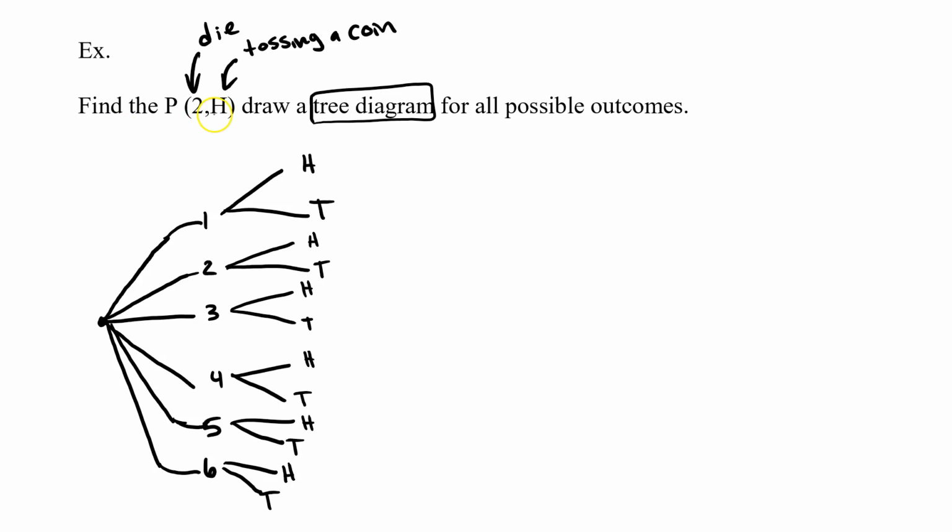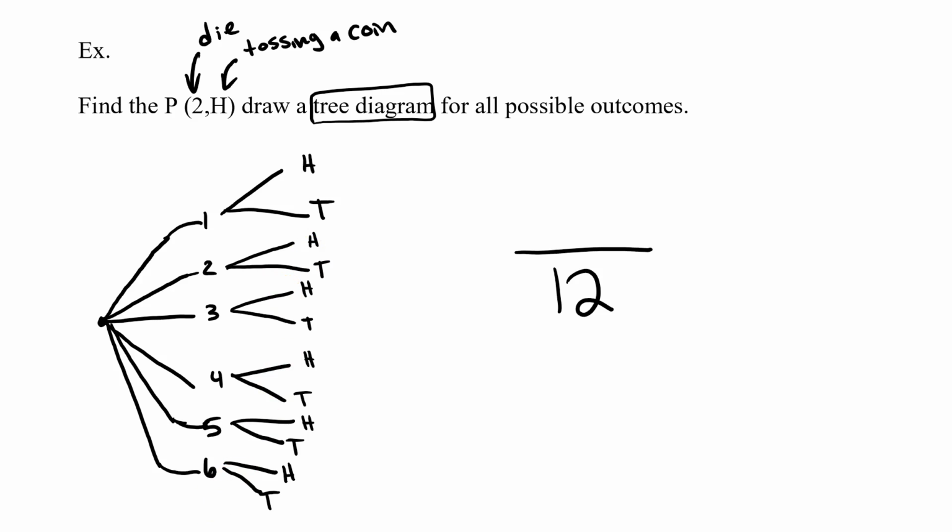So I want to find the probability, so the number of outcomes is going to be our denominator here. The number of outcomes in total is 1, 2, 3, 4, 5, 6, 7, 8, 9, 10, 11, 12. Because you can roll a 1 and get a head, roll a 1 and get a tails, roll a 2 and get heads, roll a 2 and get tails, etc., all the way down to 6.